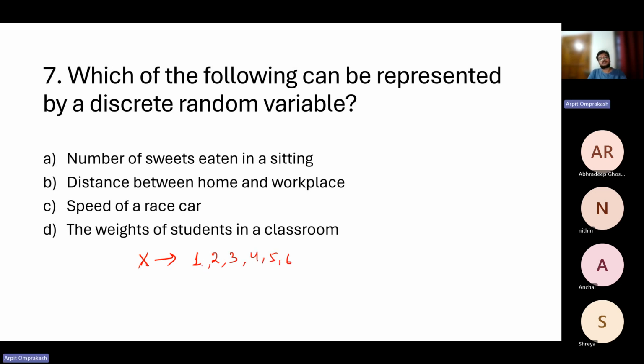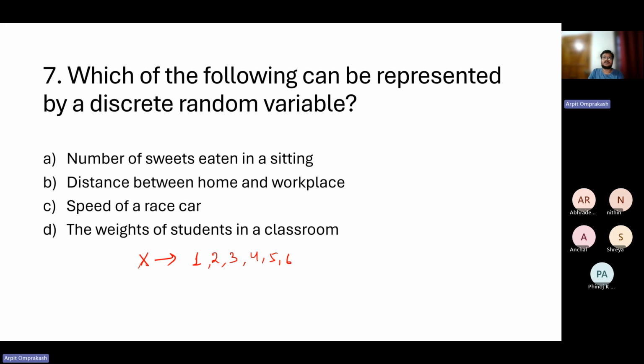It can have values ranging from 1, 2, 3, 4, 5, 6. Again, if you are talking about rolling 2 dice and you are looking at the sum of the numbers that come up on the dice, so basically the sum of 2 dice.